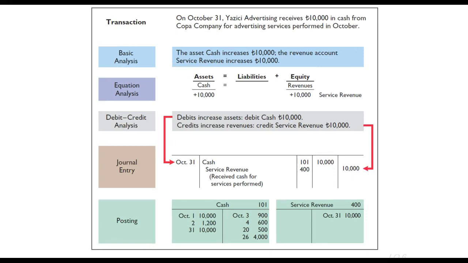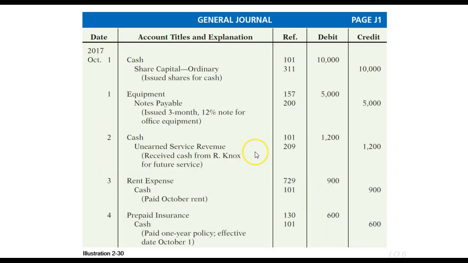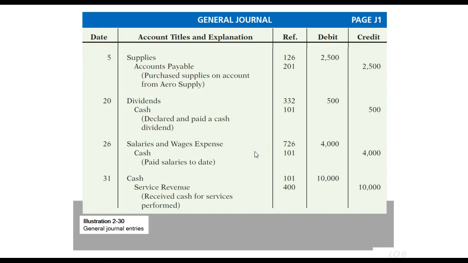Then I earned revenue. Now when I earn revenue, in this case I got cash. You always credit revenue. Revenue increases equity. Equity increases on the right hand side. So you credit revenue and you debit cash. And there are all your journal entries that we just went through.